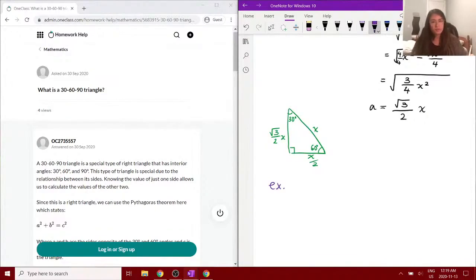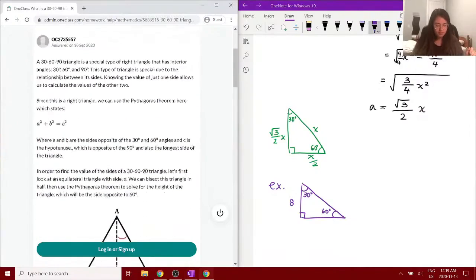So if we're given the example, let me make it different this time. So if we have our 60, 30, 90 triangle, and they give us one side that is 8. Here, I'll just move down.